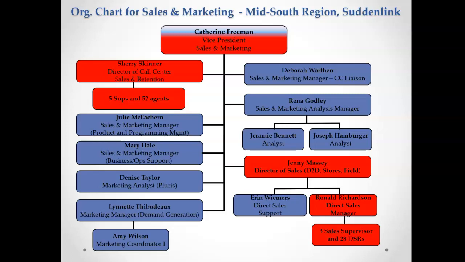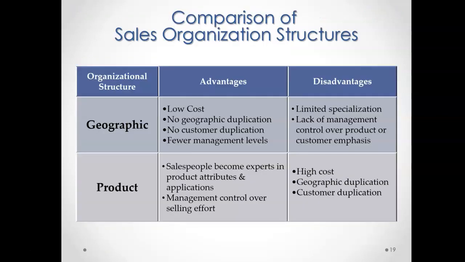Although they were geographic, they also had a functional component to their sales organization where they had the call center, so call center through sales and also retention, and then your general director of sales that's door to door in the stores that you go to in the field. So it's divided by the function that the salespeople are doing.